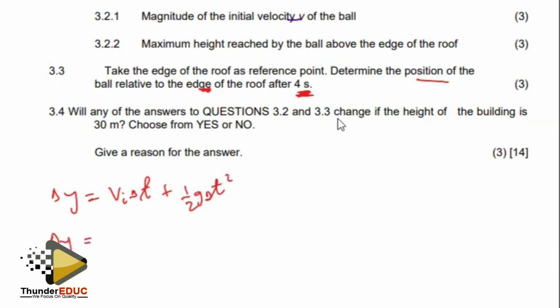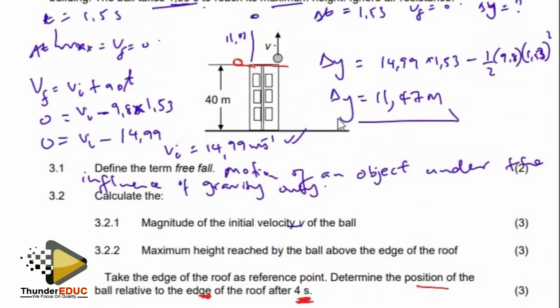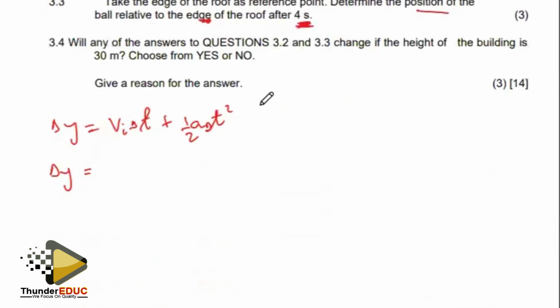Let me just correct this, guys. It's supposed to be a, because a is the formula. We don't have g in the formula. So let's write the formula down, you get that mark, and then in the substitution you replace a with g.